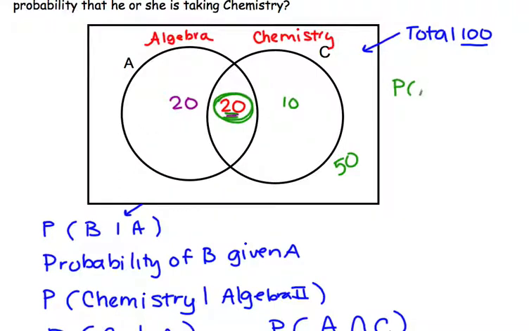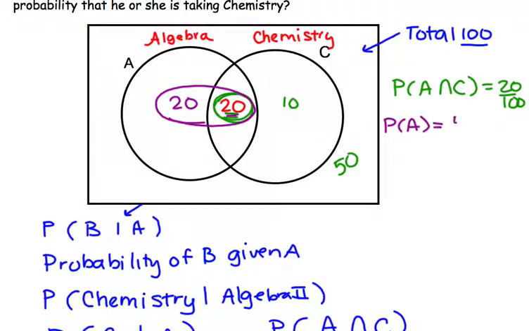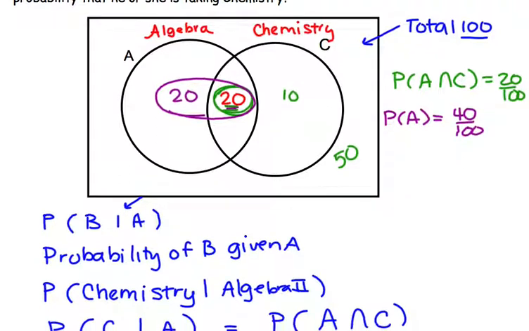So the probability of algebra and chemistry is 20 out of 100. Then we want to find out what is the probability of algebra. So there are 40 students total in Algebra 2 out of a total of 100. So these are the two numbers we're going to work with down below.